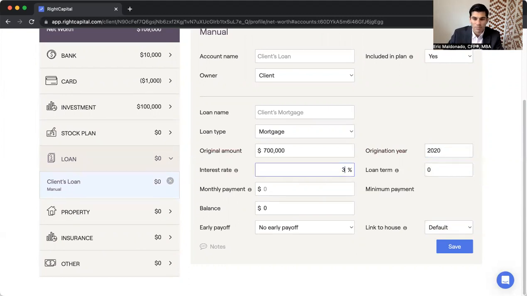Interest rate at that time was probably around 3%, loan term 30. So this is all getting towards organizing and gathering all of your personal financial information, getting it going in one place. The payment's probably going to be around $3,000 populated there.